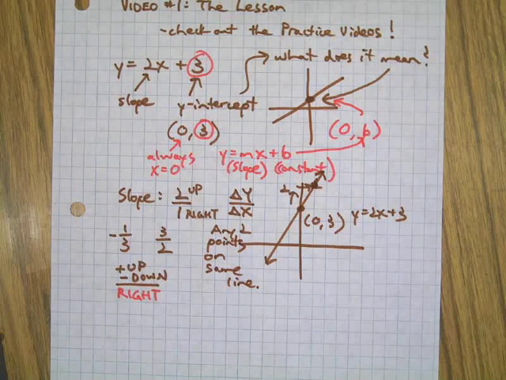Pick any two you want, and you'll end up with the same slope. That's a different lesson though. For now, we're just picking apart this format of an equation. Okay, time for a couple of examples, and then we'll end this video and you can get on to the practice videos. All right?